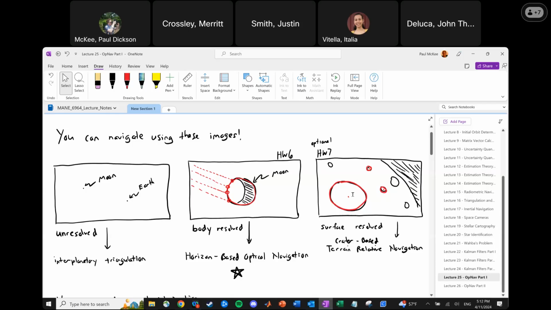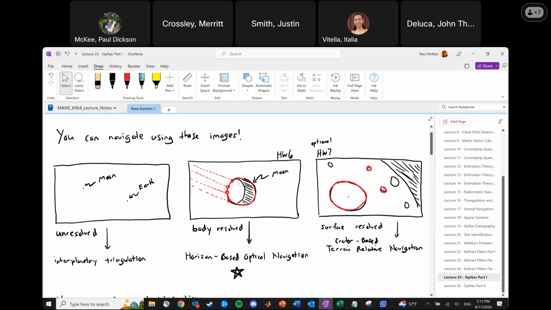And that gives you your position and attitude relative to the moon or Mars or whatever else you want to work with. And so the horizon-based OpNav is the contents of homework 6. The surface relative, or in this case, terrain relative navigation is the topic of the optional homework 7 assignment. And so we're focusing on homework 6.